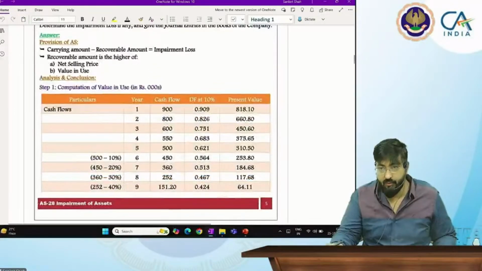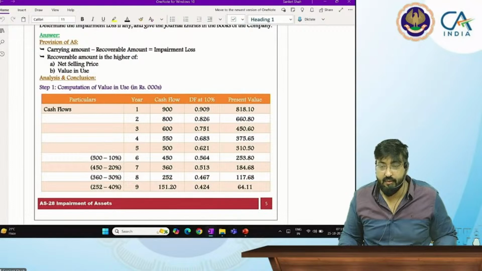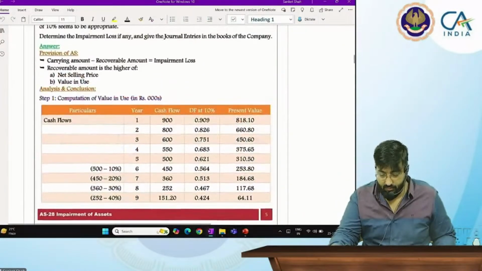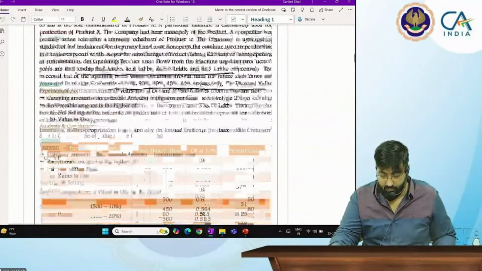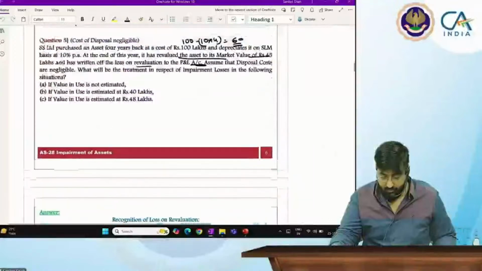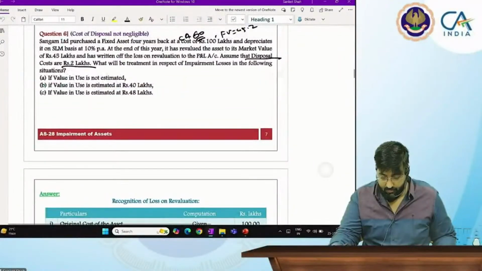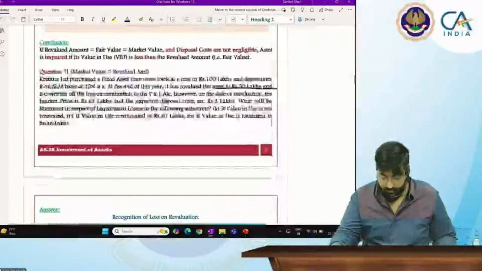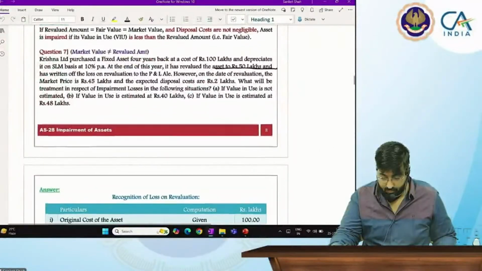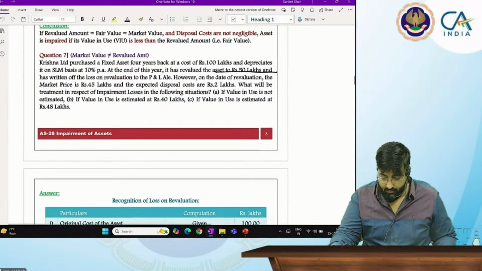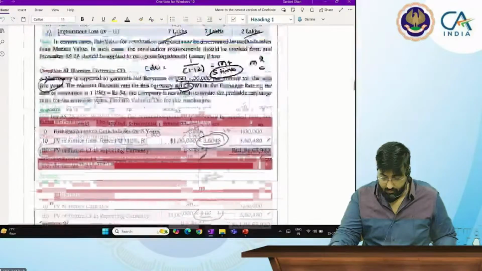Yes, Deepak wants to explain this. हाँ जी दीपक जी. Yes, sir. Sir, with respect to bottom-up approach, if a component's cash flow can be directly attributed to it, then the impairment loss would be assigned to that particular item or unit.